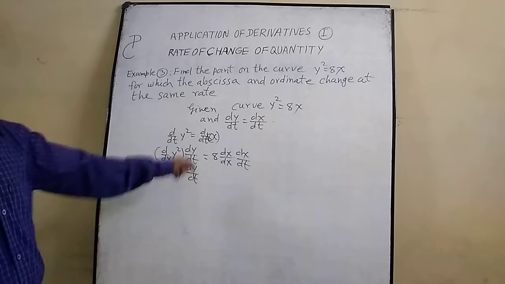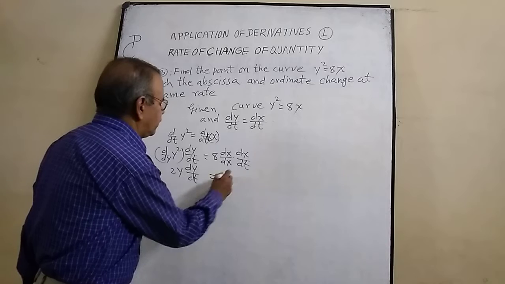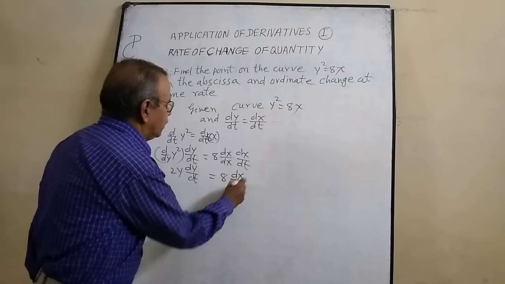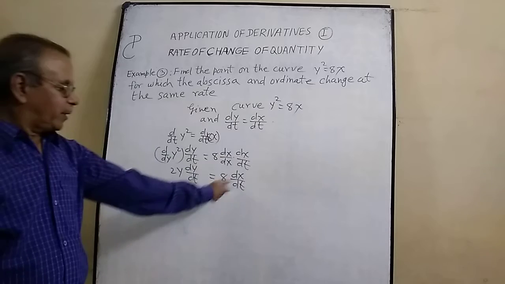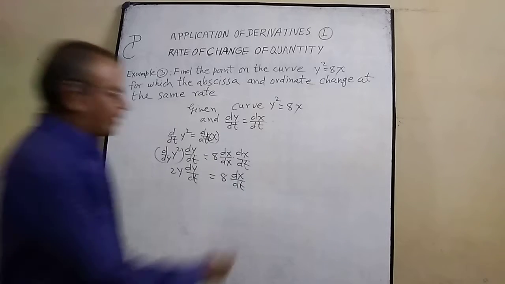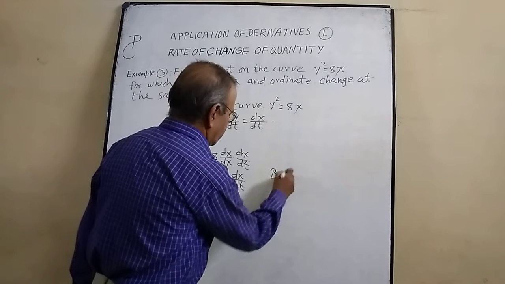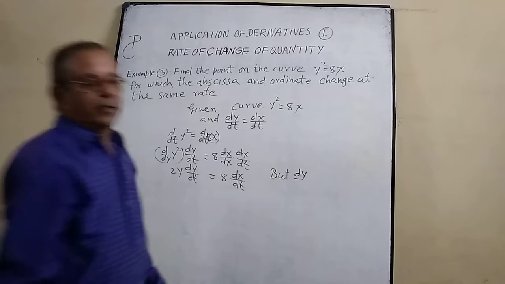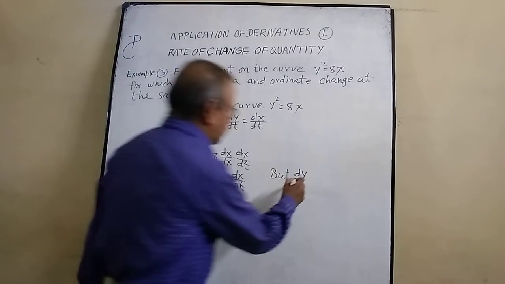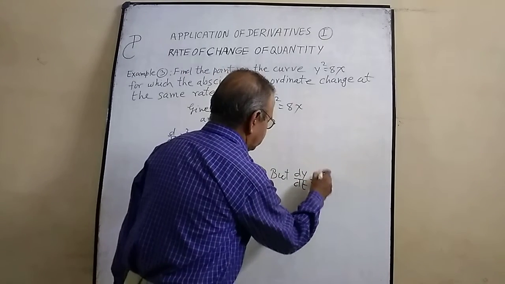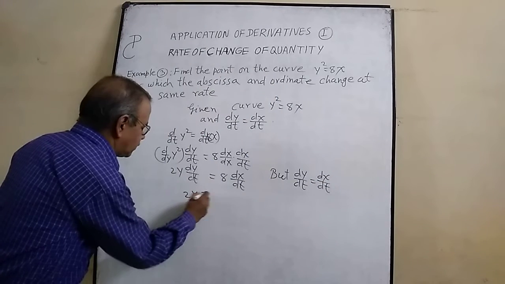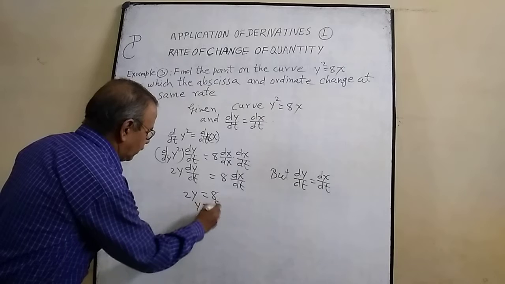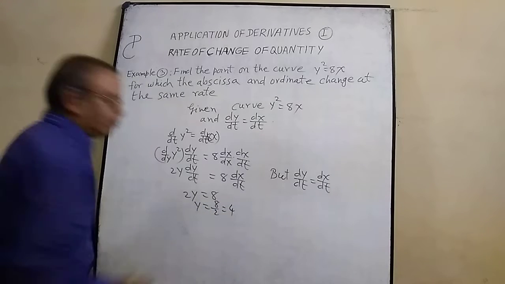So 2y dy by dt is equal to 8 dx by dt. But dy by dt is equal to dx by dt, and therefore 2y is equal to 8, so y is equal to 4.